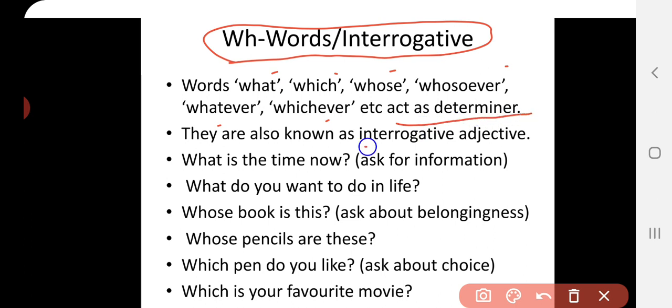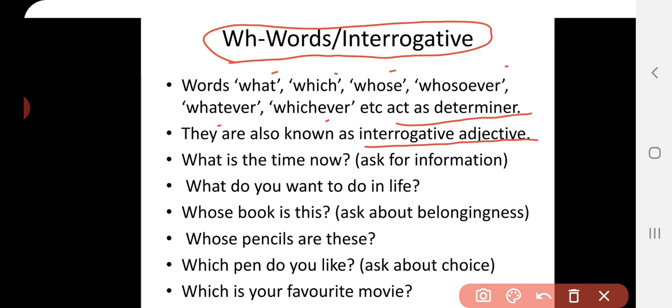They are also known as interrogative adjectives. For example, what is the time now? We use what to ask for information. What is your name? What is your aim of life? So to gain information, we start the question with what.